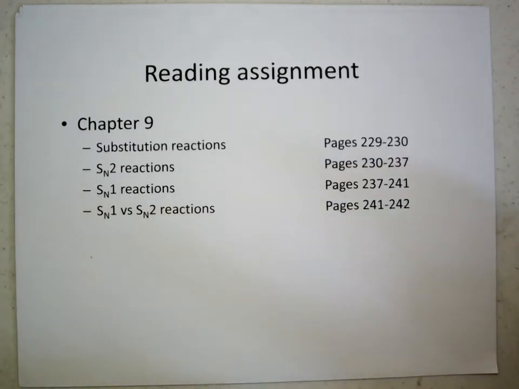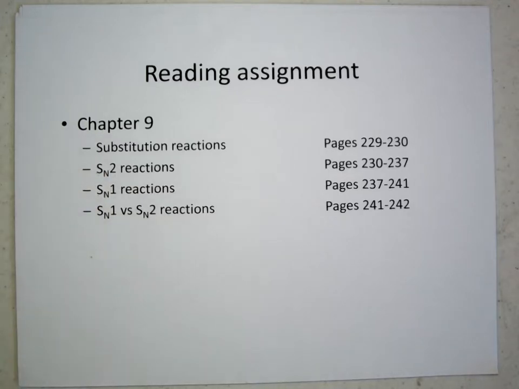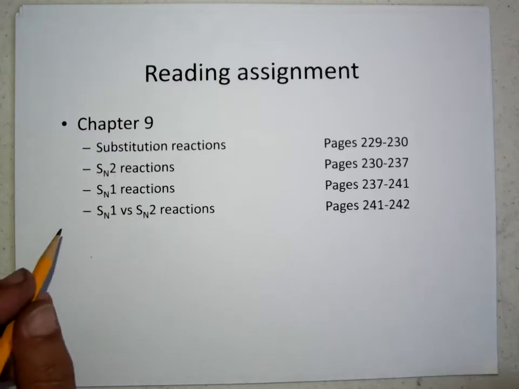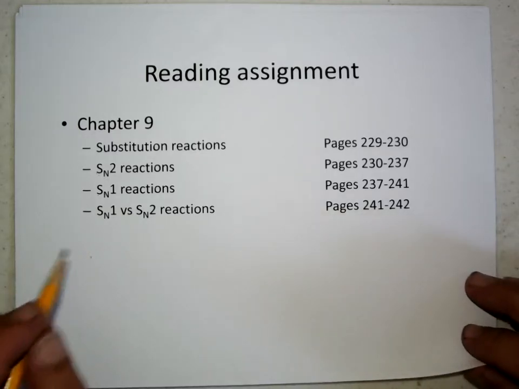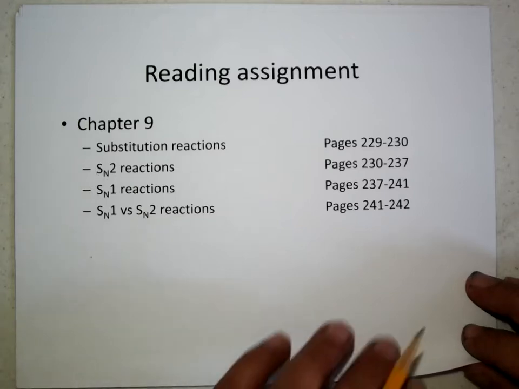They'll define new terms for you like leaving group and nucleophile, and talk about what SN2 means. If you haven't had a lot of kinetics, the bimolecular versus unimolecular distinction is one you should pay a little attention to, to make sure you know what they're talking about. You'll find this stuff in Chapter 9, some substitution reactions that are worth looking at. Good preparation if you're going to go on to a full year organic class.